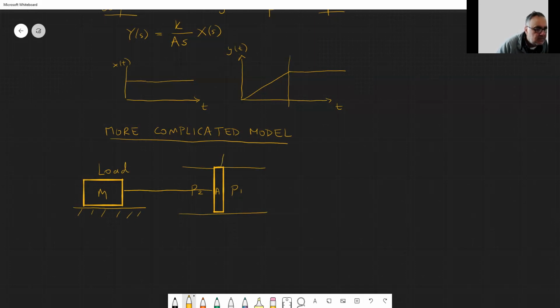Everything moves with a velocity of y dot towards the left. So what does this model say? The forces should be equal to mass times acceleration. We will say that P1A minus P2A, the forces on the piston, should be equal to m times y double dot.